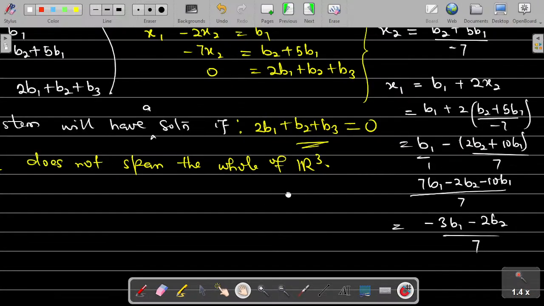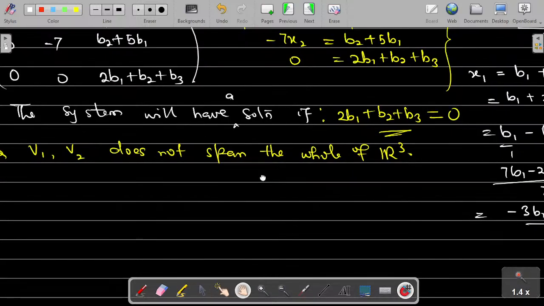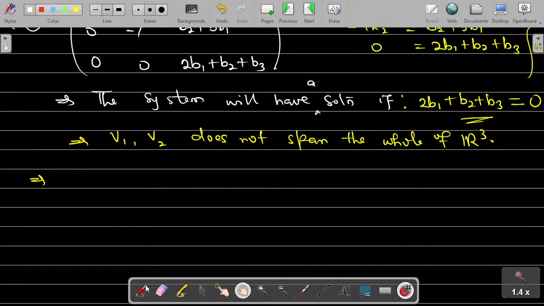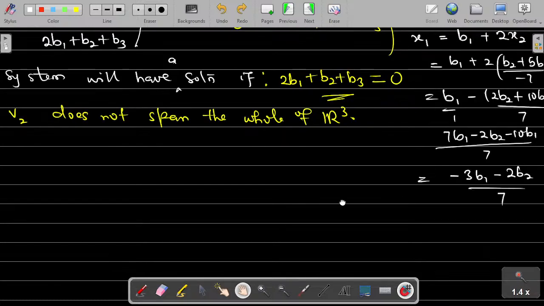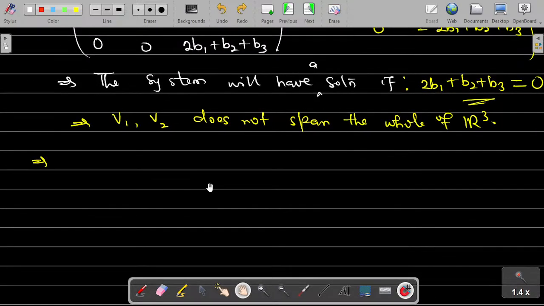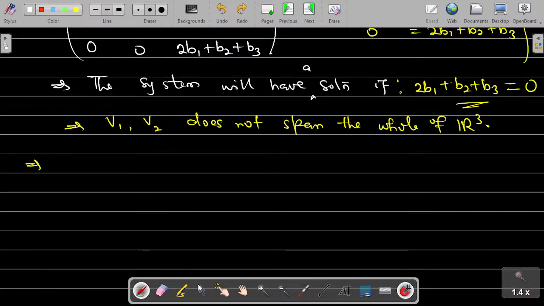Okay, so in other words, we can now write that our solution for x1 and x2 is going to be equal to, okay, so what did we get as our x1?